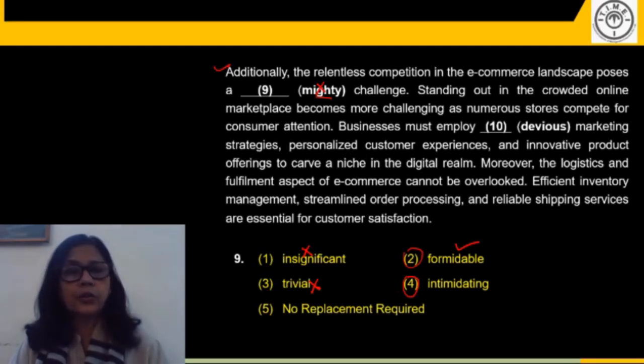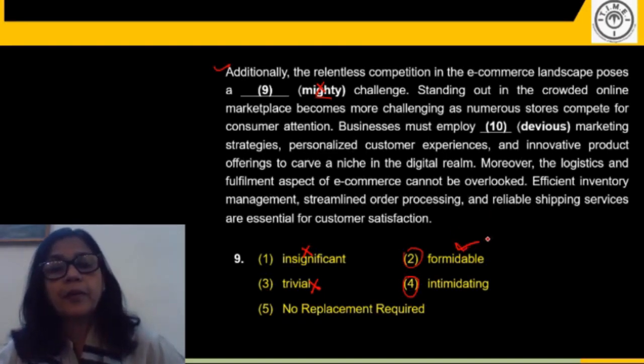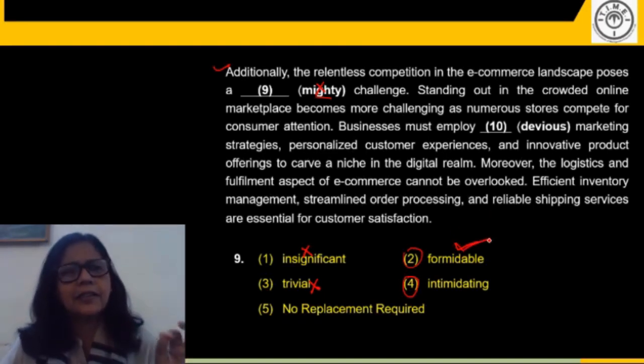So that is also ruled out over here. It means causing fear or putting fear into somebody else's mind, heart, like that. So formidable is the right word. See, the intensity of the word has to match the intensity of the ideas that have been put forth in the paragraph.